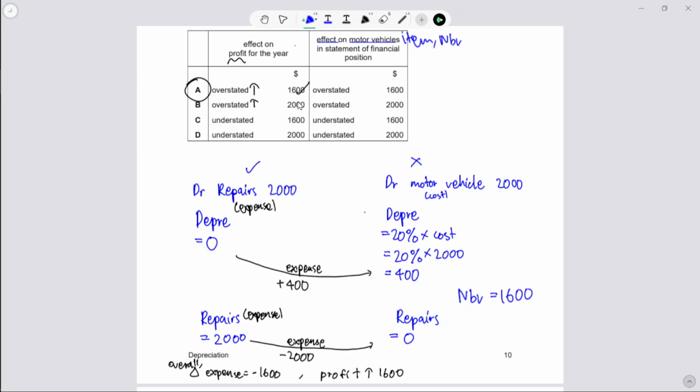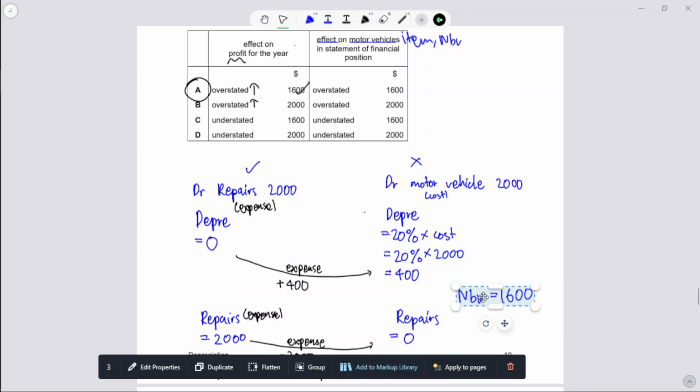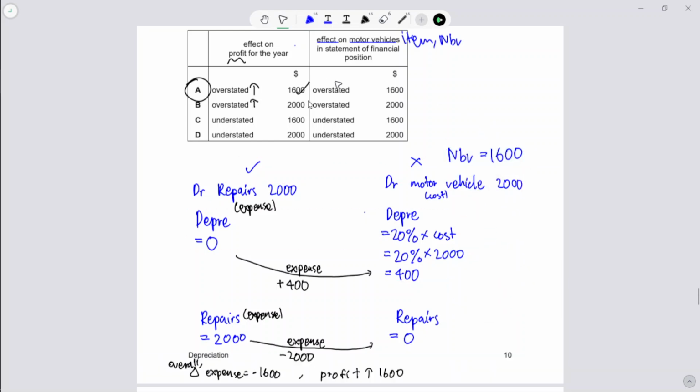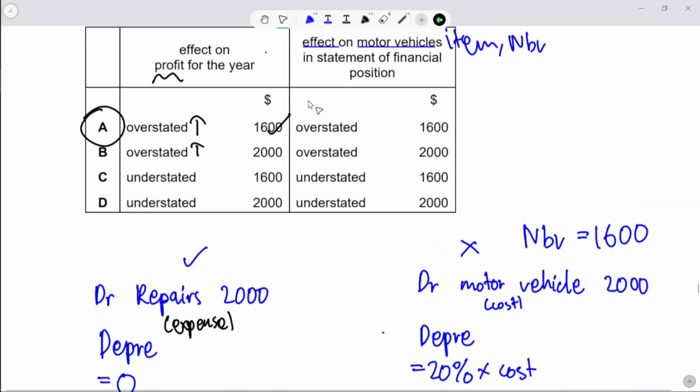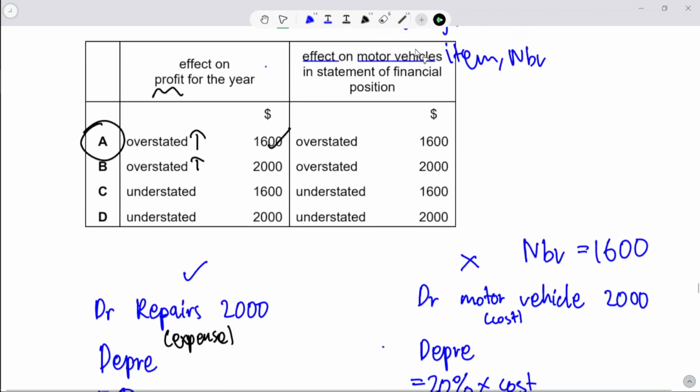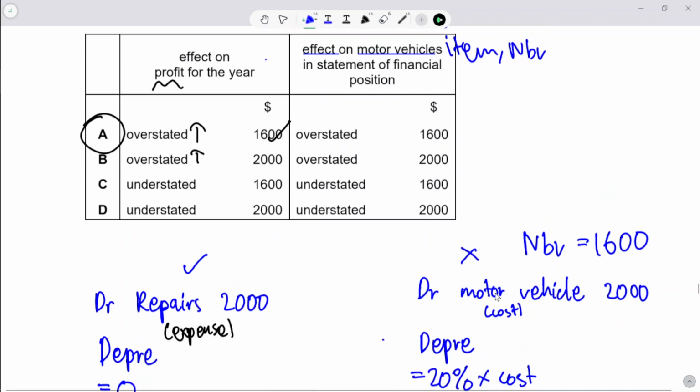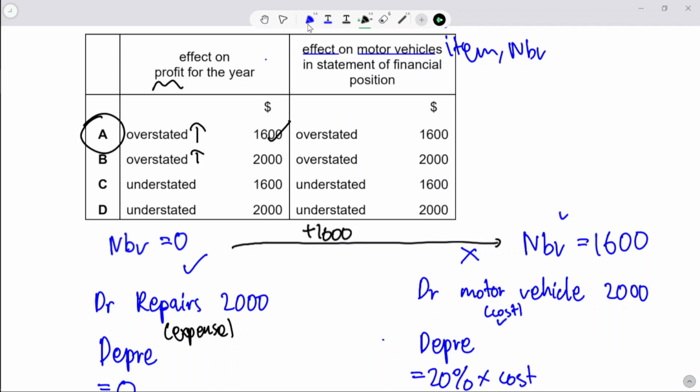So this one will affect the net book value. So previously it will have cost, net book value. So there is no cost, so the net book value is equal to 0. Then from here to here is add 1600. So we'll increase 1600. So the answer is A also.